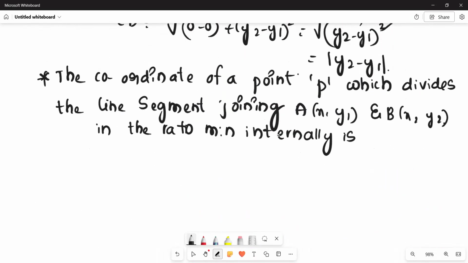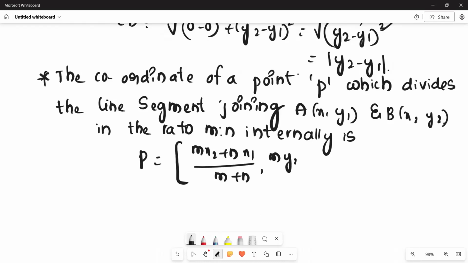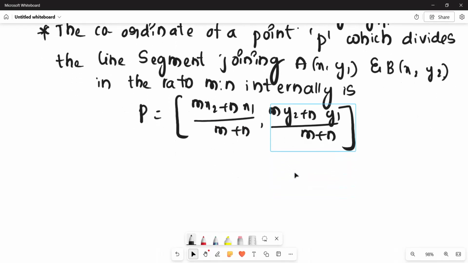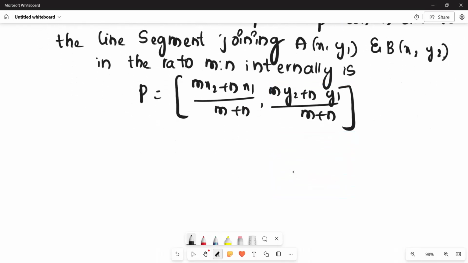So for finding the location of that point, we are having a formula: (mx2 plus nx1) by (m plus n), and (my2 plus ny1) by (m plus n). This is the formula to find the location of the point dividing internally in the ratio m is to n. And the same thing can be applied in the next case.